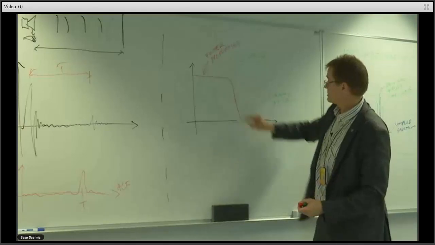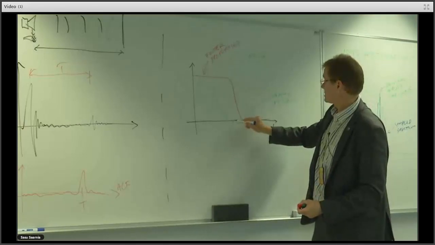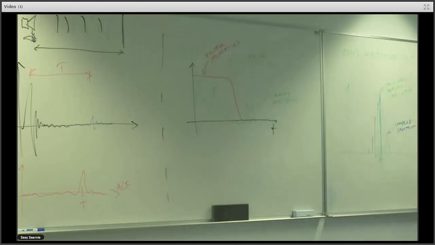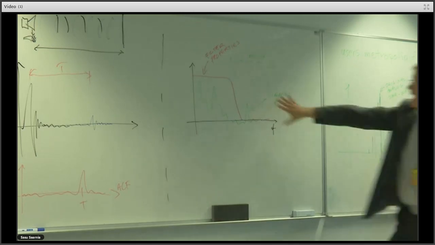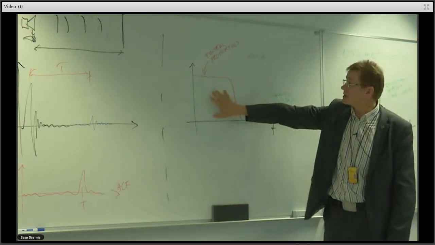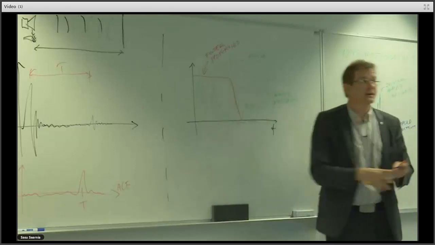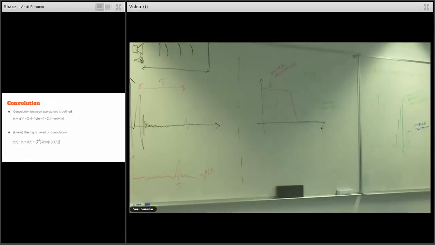So it follows like that, and then it goes flat here. It gets rid of that part of the spectrum where this noise was. Okay, actually what it comes to is that multiplication in frequency space is the same as convolution in time space.